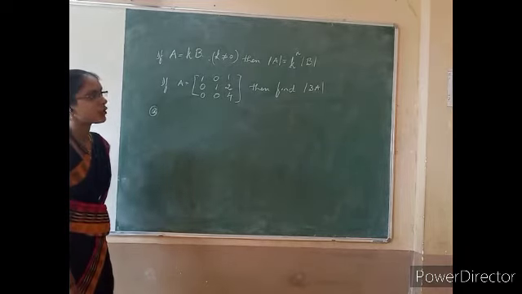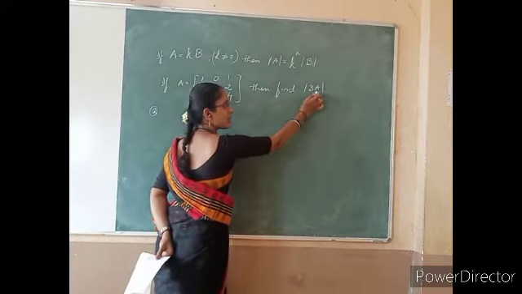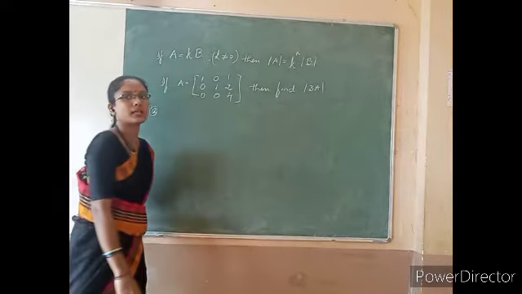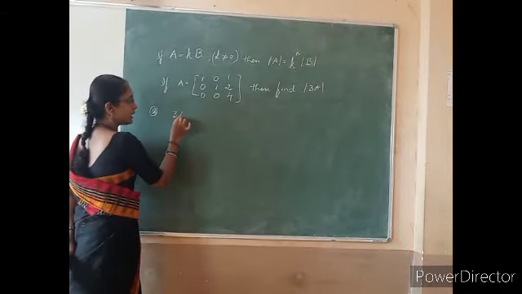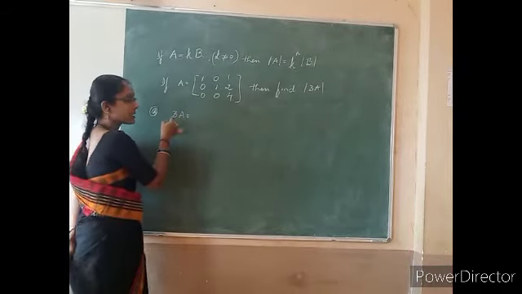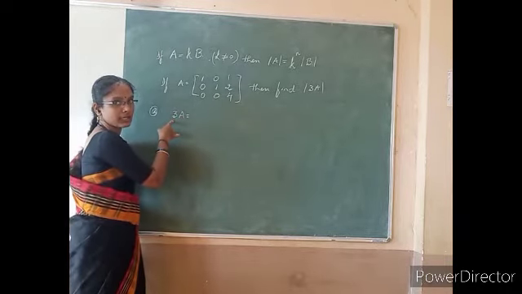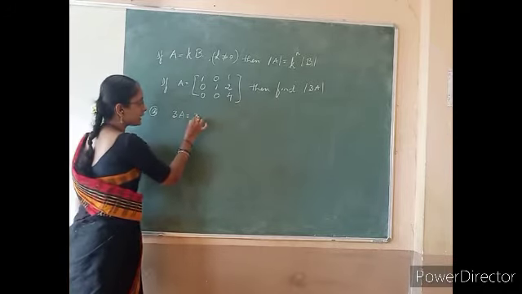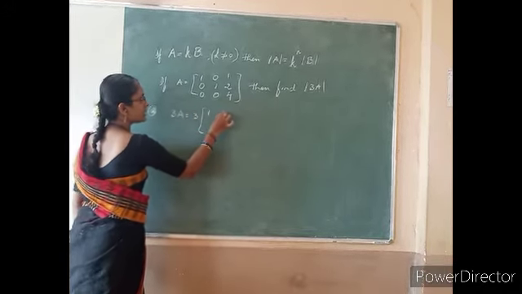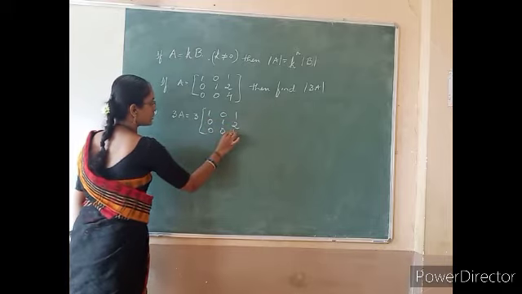Before finding the determinant, I must get 3 into A. A is this matrix, therefore 3 into A is nothing but the scalar multiplication of the matrix A by 3, that is 3 into [1 0 1; 0 1 2; 0 0 4].